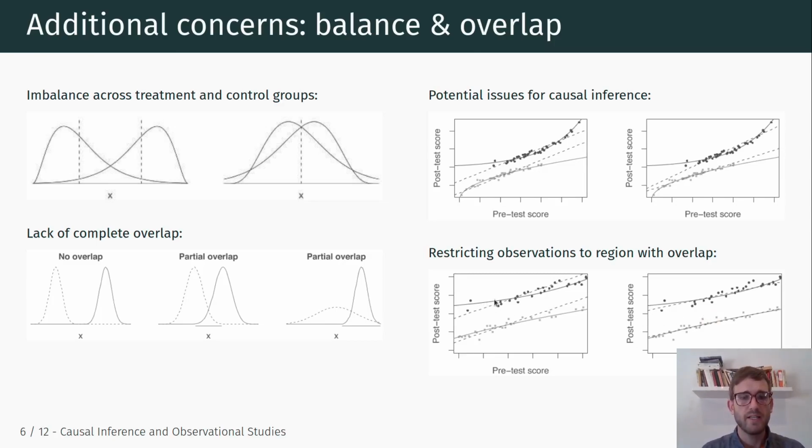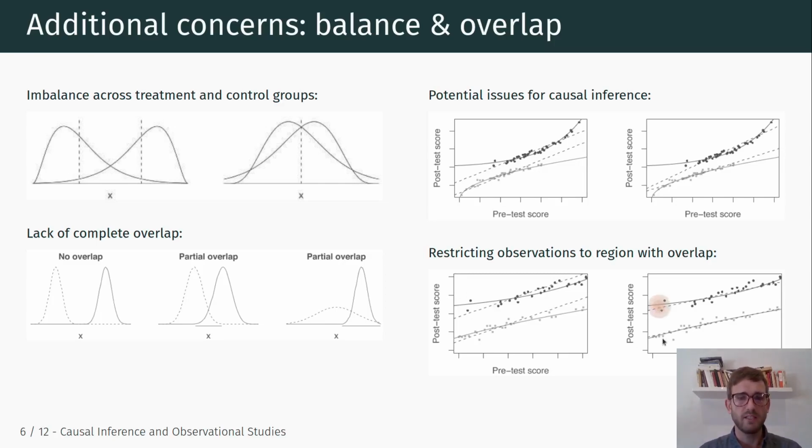And now that we restricted our observations to the region with overlap, whether or not we include an interaction term actually leads to very comparable, very similar results, okay? So that's what we mean by saying if we have overlap, then our inferences are less model dependent, right? It doesn't matter so much anymore whether or not we include an interaction term.